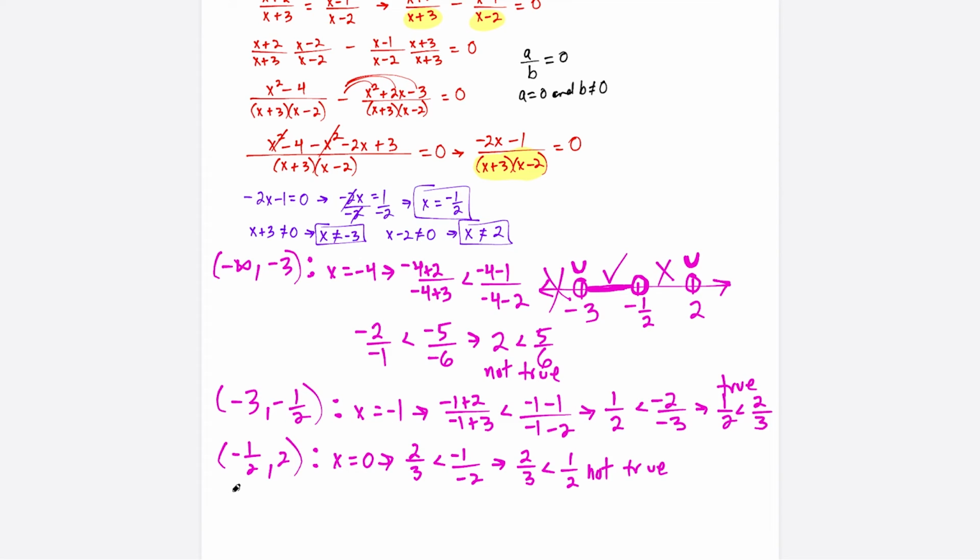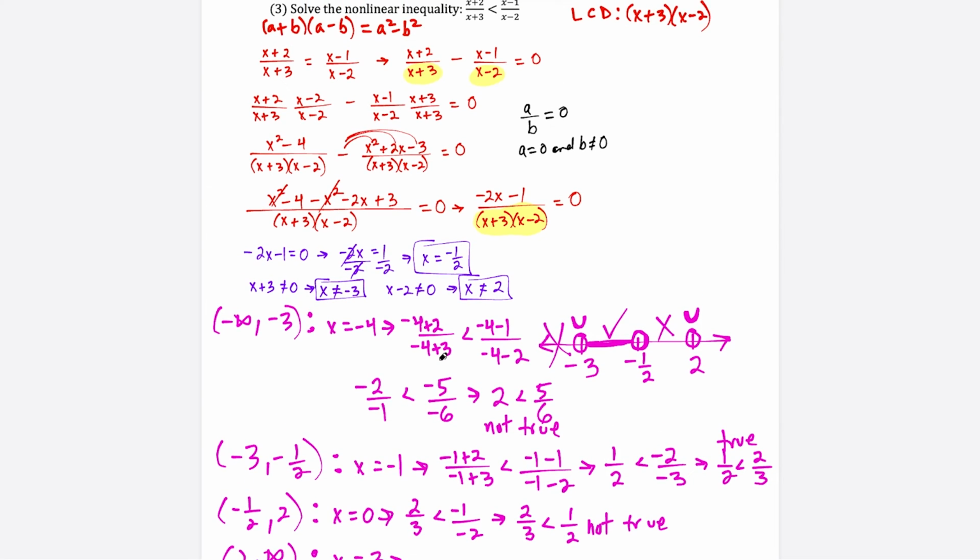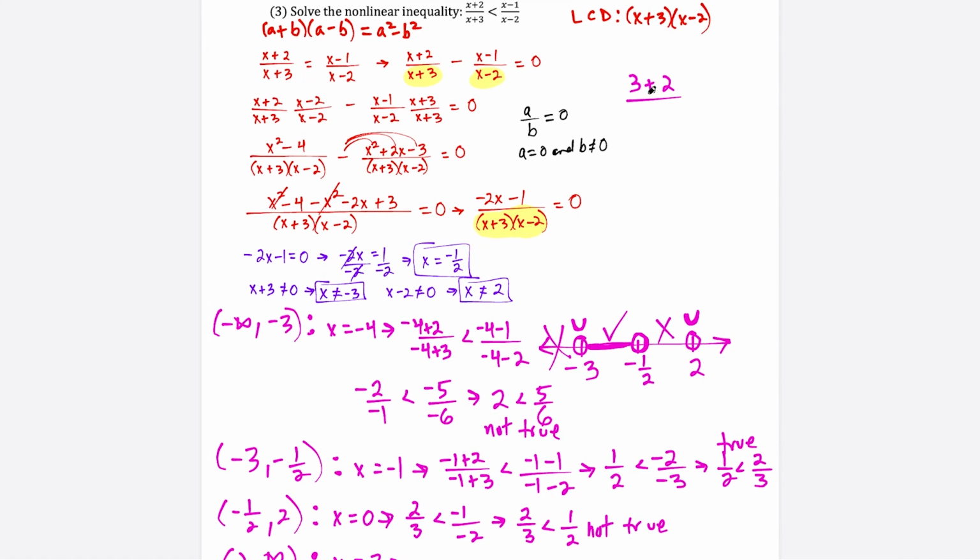So now the last space to check is the space from 2 to positive infinity. And here, let's say we plug in x equals 3. If we look back at the original inequality, we have 3 plus 2 over 3 plus 3, is this less than 3 minus 1 over 3 minus 2?